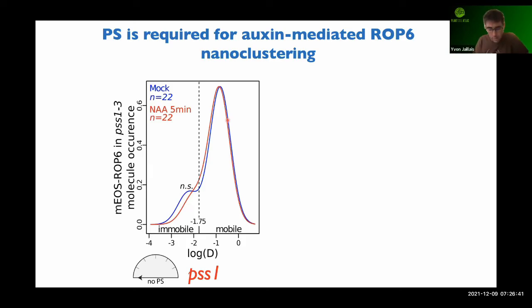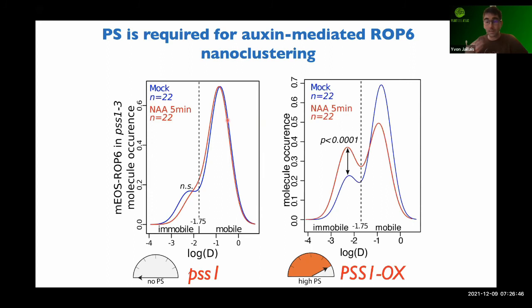It's not just that it's required, but again, it looks like PS is really a regulator of the clustering, because in the PSS1 overexpression line, what we get is a constitutive clustering of ROP6, even in the absence of auxin treatment. And this is further boosted by auxin treatment. And we think this is why when we have more PS, we mimic a constitutively active ROP6 phenotype, because once ROP6 is in this cluster, it's active and signaling, recruiting effectors and doing its job in the cell.